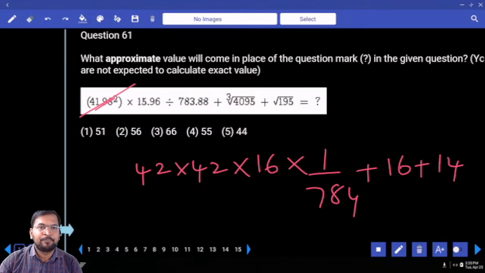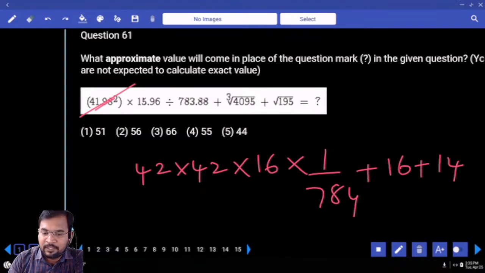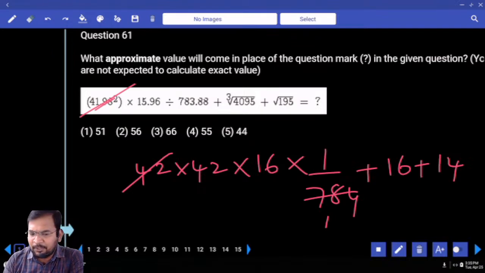All of you clear? Now look here. Will the 42 table cancel? 42 1s are 42. The remainder is 364. Does the 42 table cancel? This is 784 only.